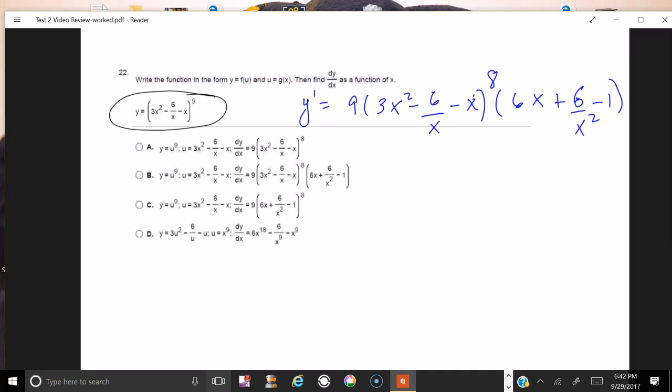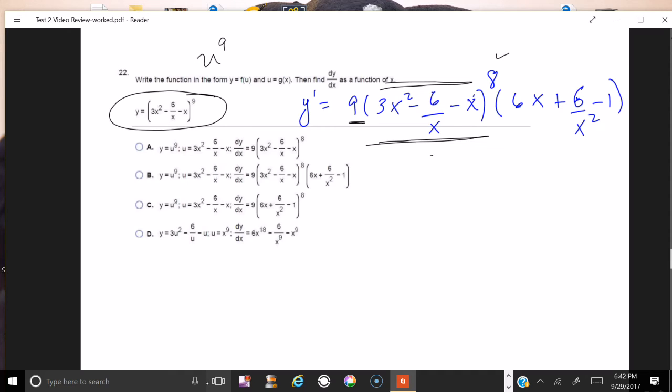So first of all, we imagine that it was like u to the 9th or x to the 9th, and write down the derivative would be 9 times this u, which is this function here, to the power 9 minus 1, which is 8.